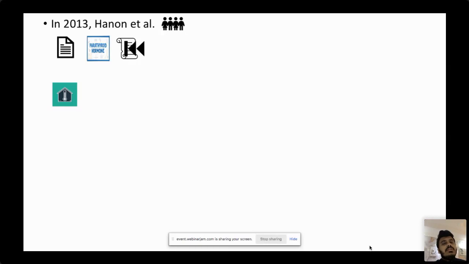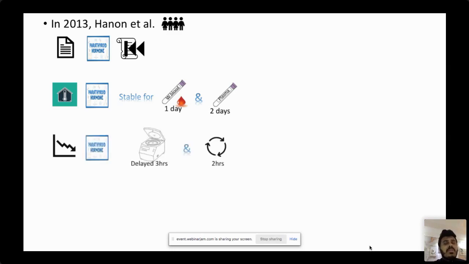They suggested that at room temperature parathyroid hormone is stable for 1 day as whole blood in an EDTA tube, and is stable up to 2 days as EDTA plasma. They observed that a reduction in the parathyroid hormone level occurs if the sample is delayed in centrifugation for 3 hours, or delayed in processing for up to 2 hours.